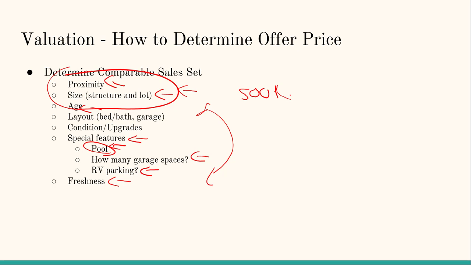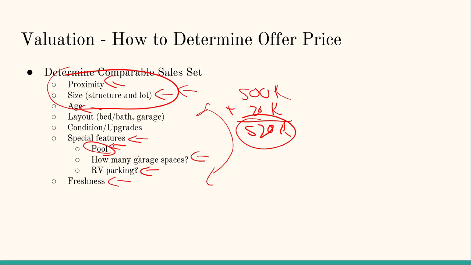You might determine the cost to build the pool is 15,000, let's say, and then for the extra headache, you tack on an extra 10-15% for the premium of having the pool already done. And you can say, okay, the value of my pool is 20K. So then I've determined my subject property is worth 520K. So all this stuff you can adjust for.